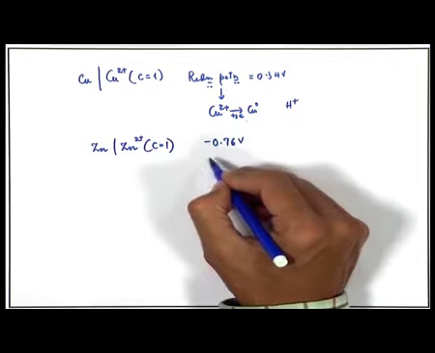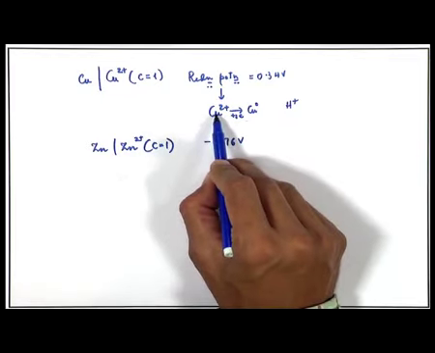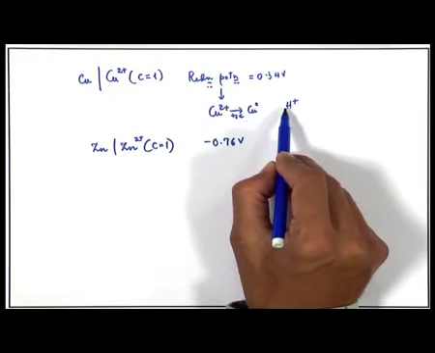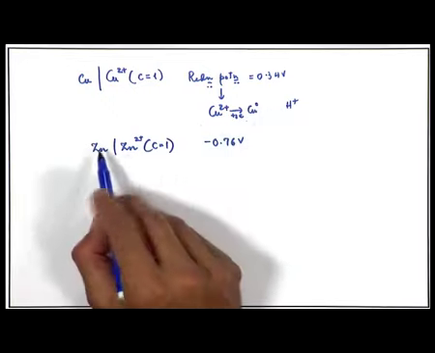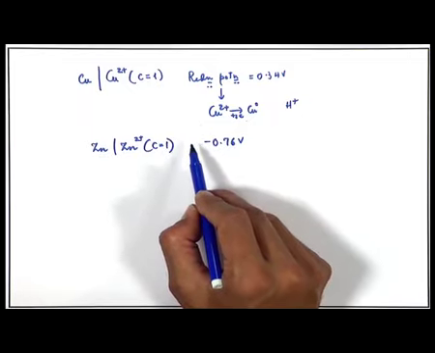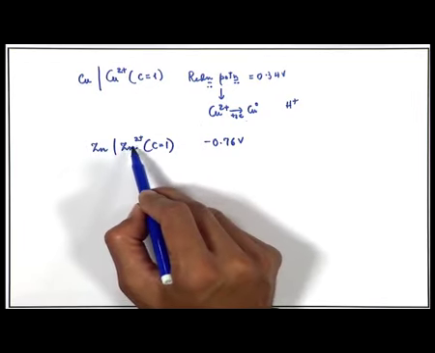So the reduction of copper to copper 0 by H+ is not possible, but the reduction of H+ to H2, or oxidation of zinc to zinc 2+, this one is possible.